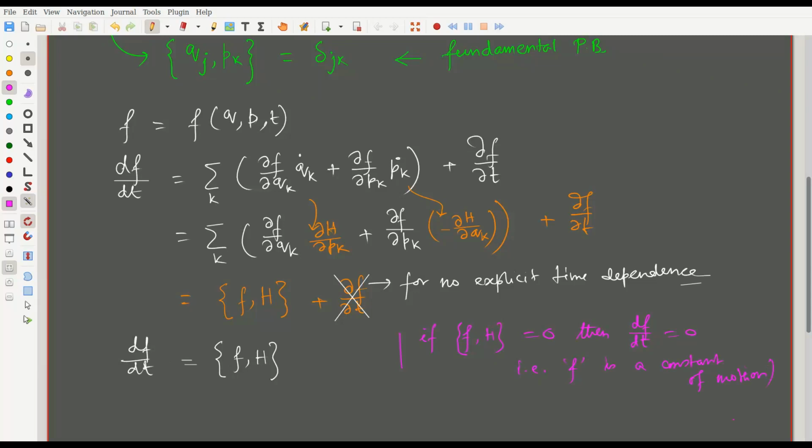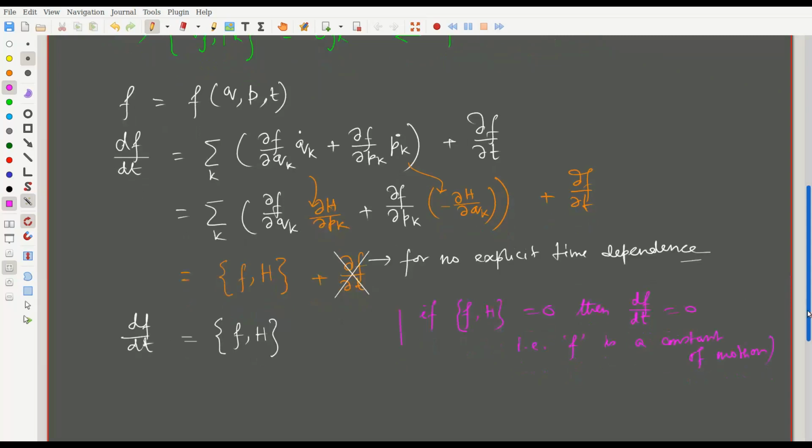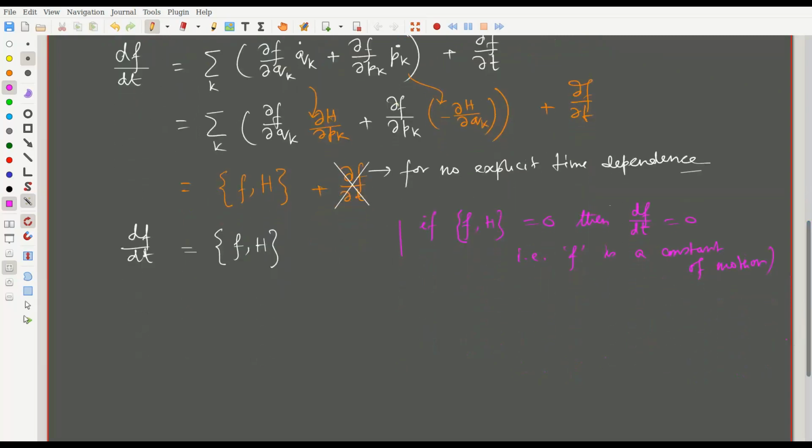And the very watchful of you might notice that this thing resembles very much the Heisenberg equation of motion in quantum mechanics.